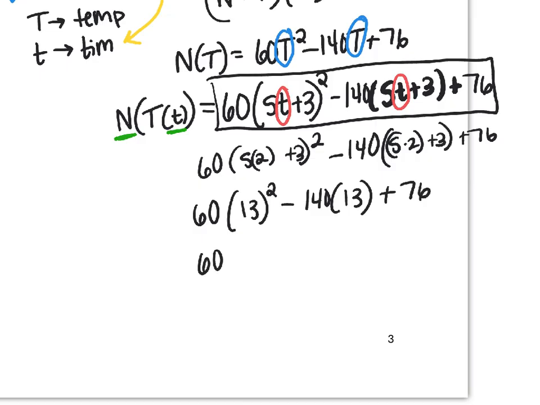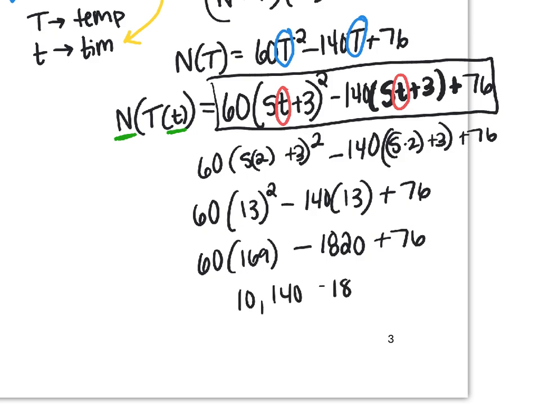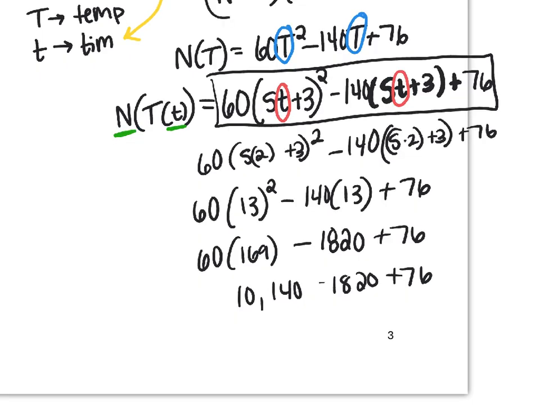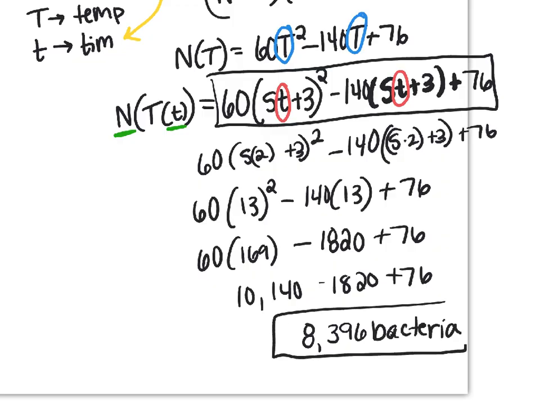Then we square 13, which is 169 minus 140 times 13, 1820 plus 76, and then 60 times 169 is 10,140 minus 1820 plus 76, which tells us that after 2 hours, there were 8,396 bacteria. So always label your word problems.